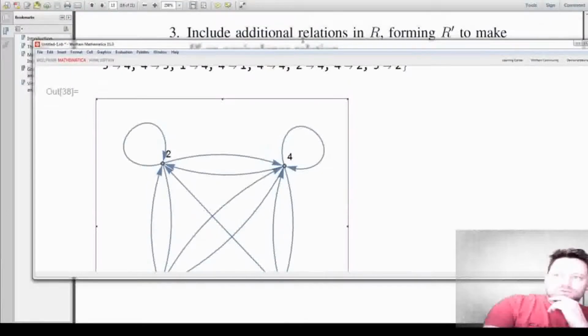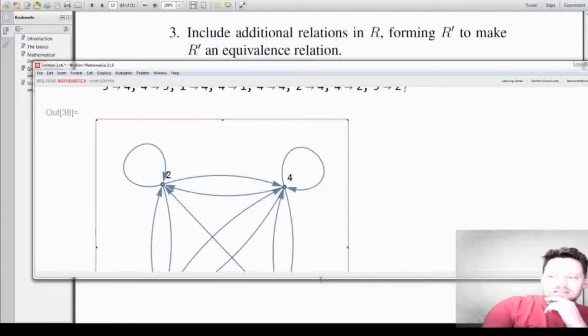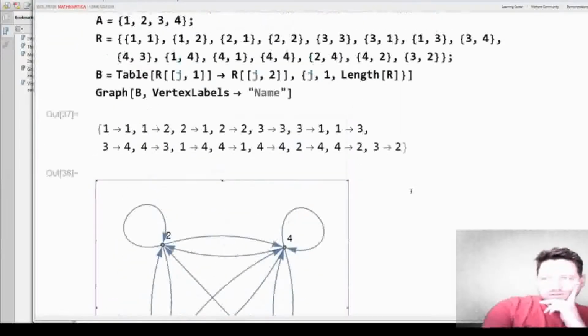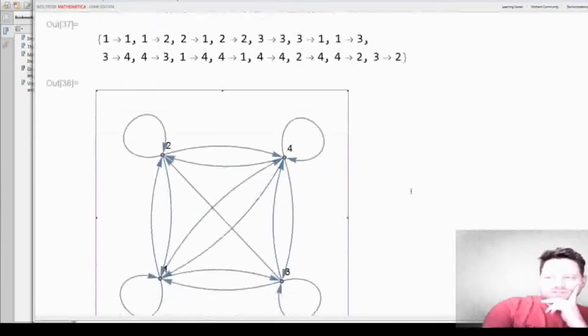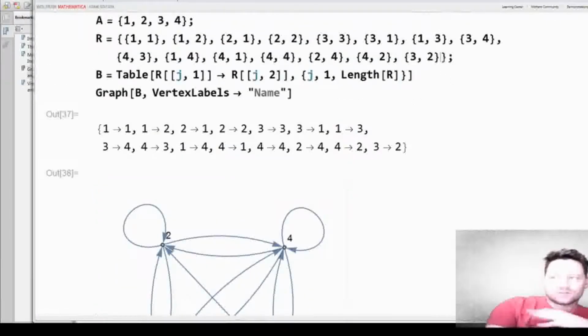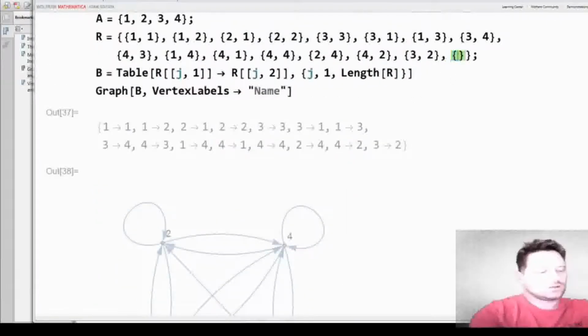All right, and I'll pull this down and this down. Now we have the last thing we put, which was 3 going to 2. So that's across here. Now it's not symmetric anymore, so we need 2 going to 3. So we must include 2 going to 3. Shift enter.